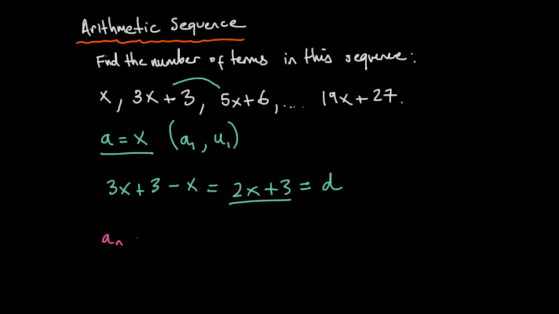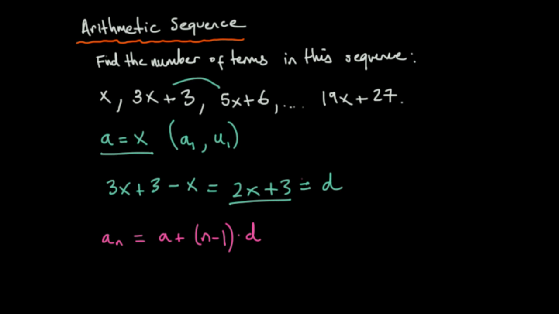So AN, the general formula, this is in your formula book, is always given by the first term plus one less than the n, multiplied by d. If you don't know where that comes from, you have to see a previous video on the origin of this, but it's very intuitive.